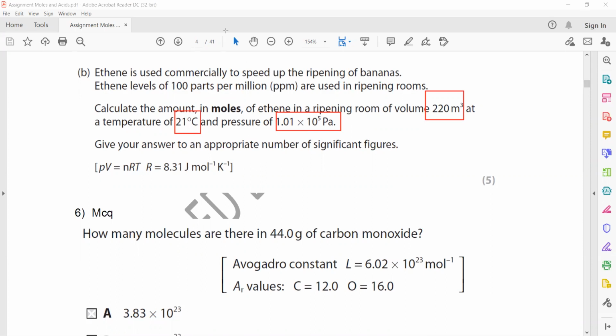So we have the formula. They give you the hint that PV equals nRT, the general gas equation. The value of R is given, but all should be in the standard SI units. Because the temperature is given in degrees centigrade, we have to convert it into Kelvin.